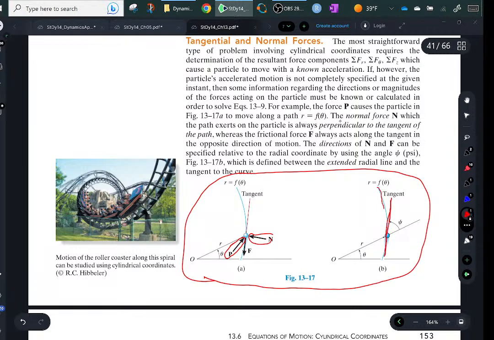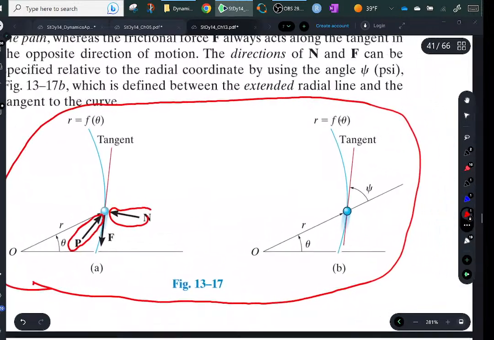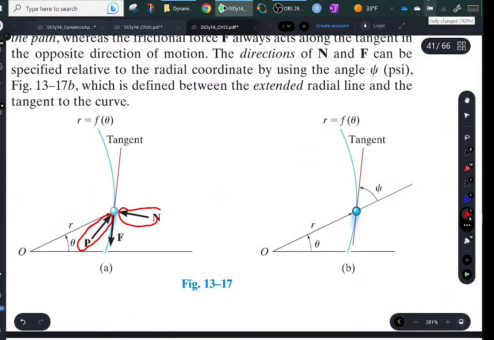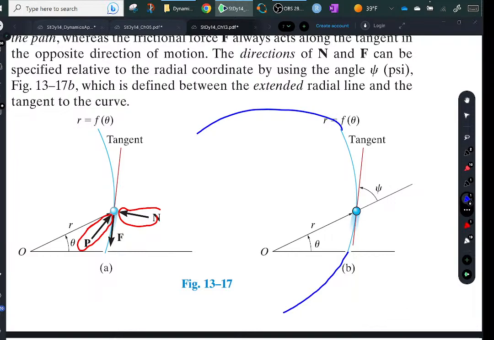Okay, so here's your path. Let's look at what he's actually doing here and why you don't really need to do all this. The blue is actually the path of the particle. The tangent is some defined term that is tangent to that path.